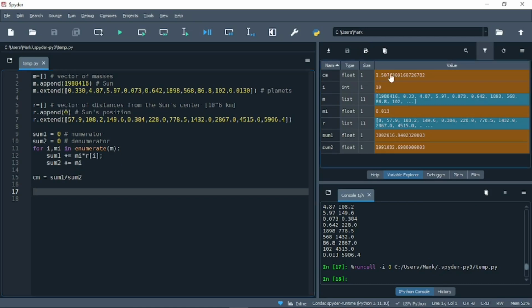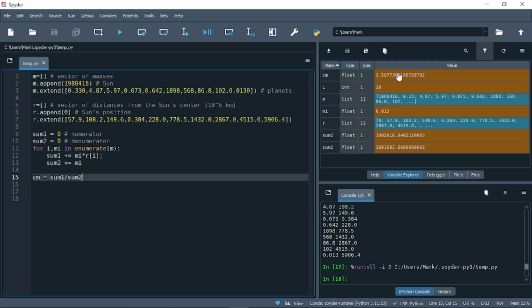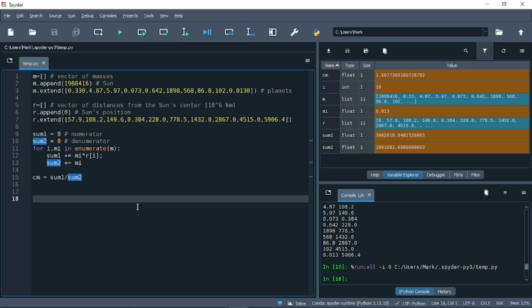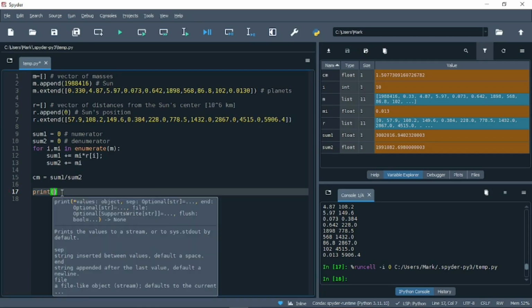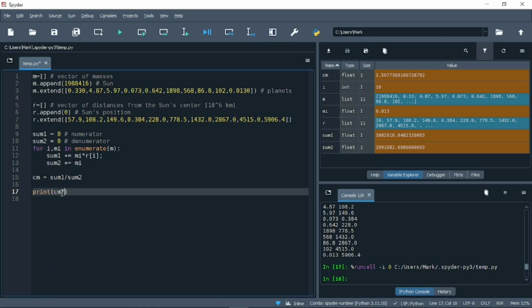And we have this result here for the center of mass, which is in units of 10 to the power of 6 kilometers, 1.5 times 10 to the power of 6. Right. Let's print this center of mass normalized in terms of the solar diameter.